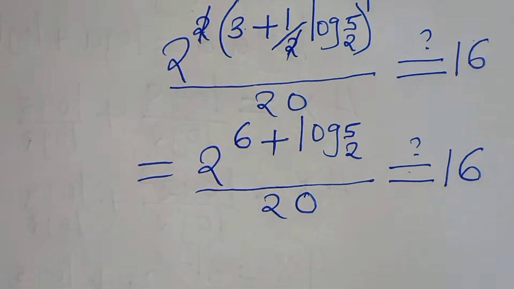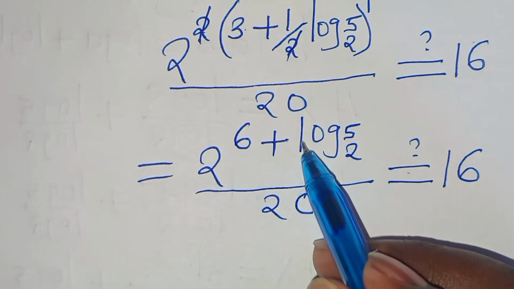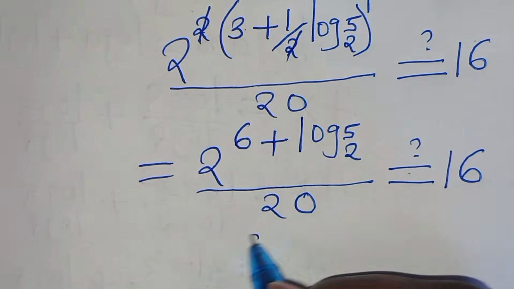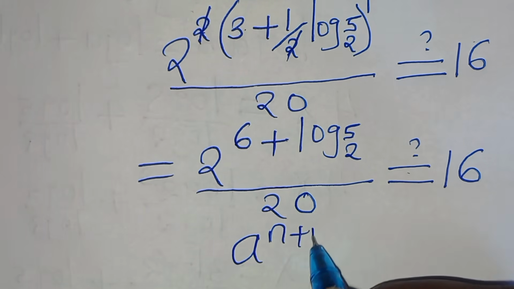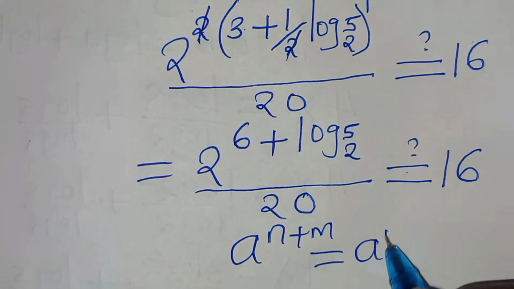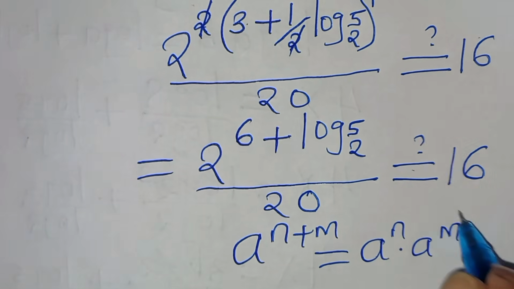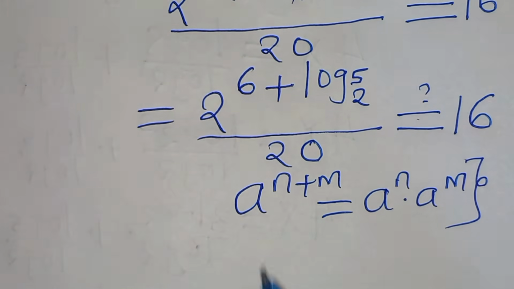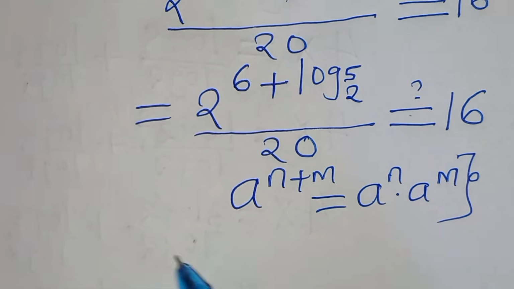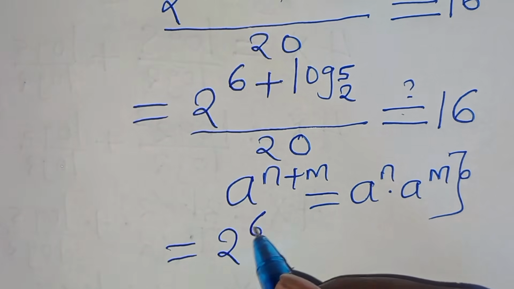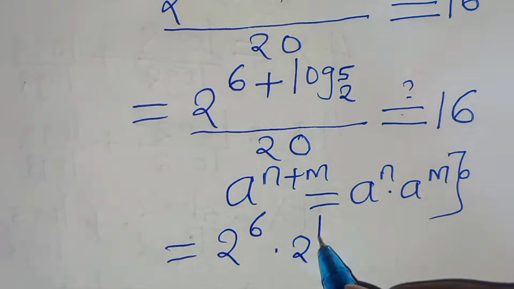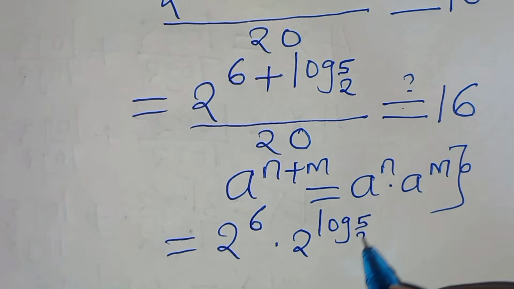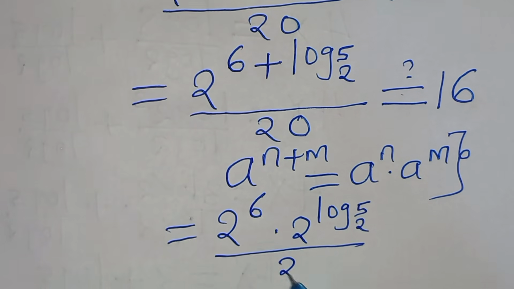Now the next step is that we have 2 to the power of 6 plus log 5 to base 2. This is of the form a to the power of n plus m, which we can express as a to the power of n times a to the power of m. Applying this exponent property, we have 2 to the power of 6 multiplied by 2 to the power of log 5 to base 2, divided by 20.